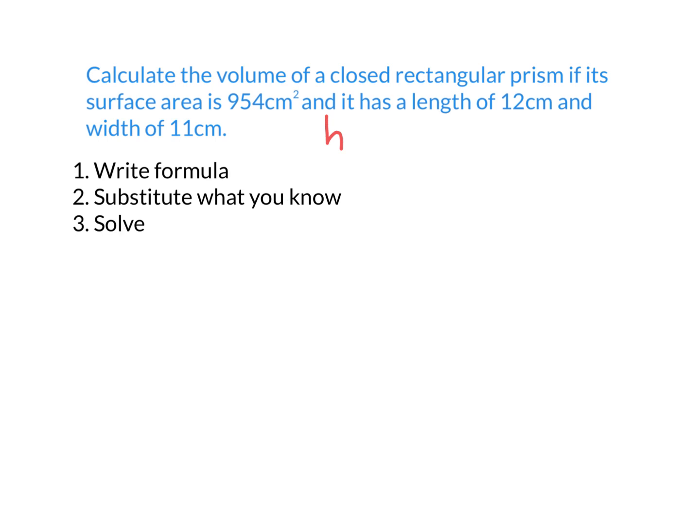So for the surface area of a rectangular prism, because it is a prism, we know that we can use the formula total surface area equals 2A plus PH. Okay, let's go ahead and use that to find out what h is. So what would A be?